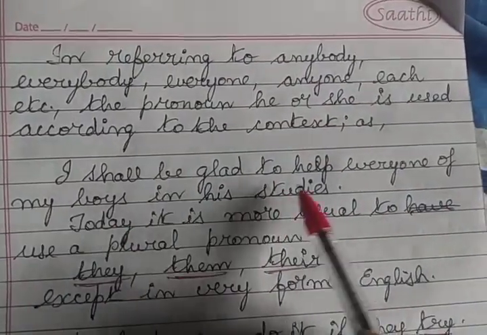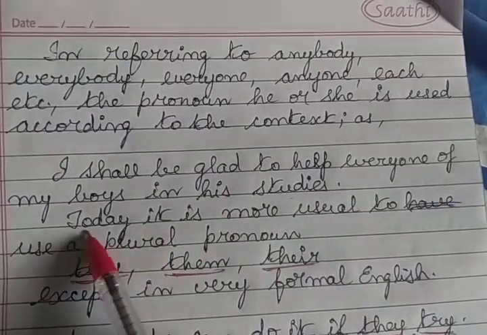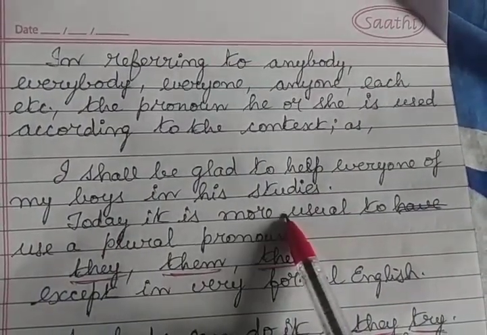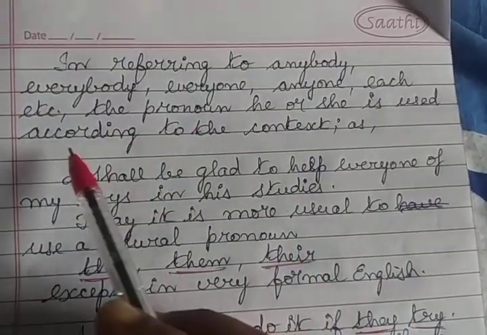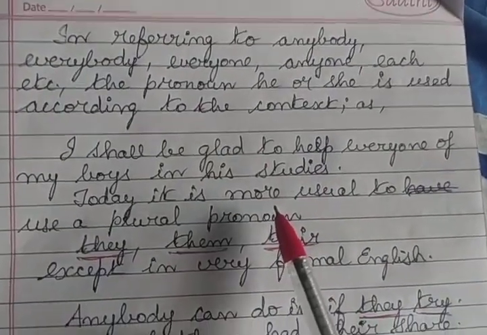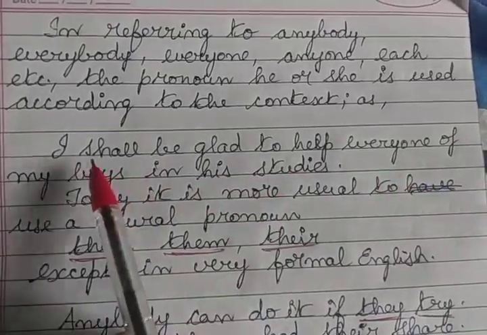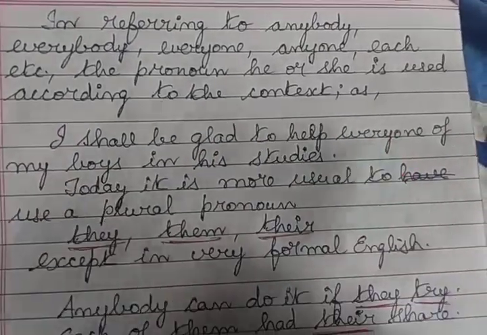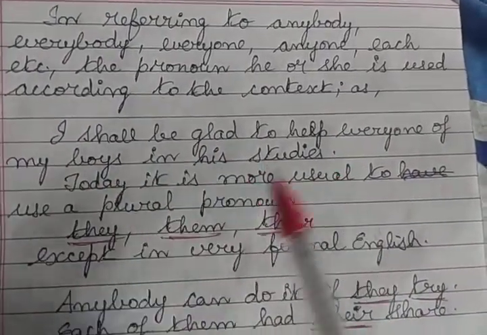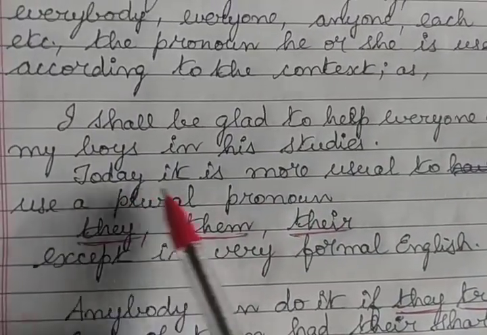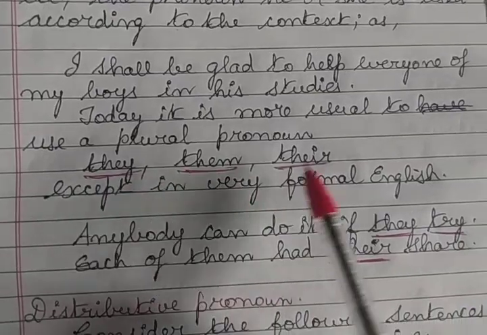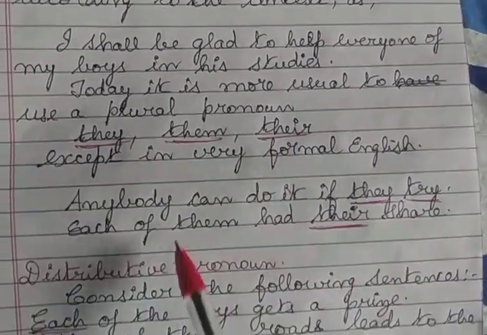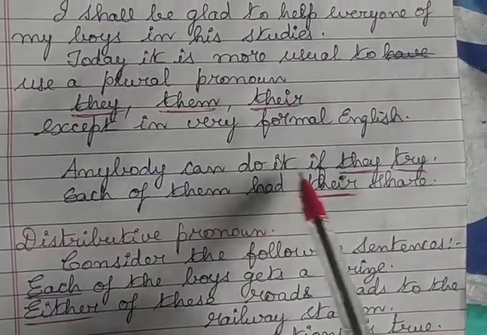I shall be glad to help every one of my boys in his studies. Pronoun he or she is used according to the context, isn't it? Today it is more usual to use a plural pronoun, they, them, their, except in very formal English. Anybody can do it if they try.